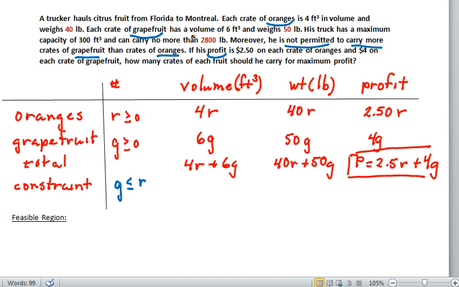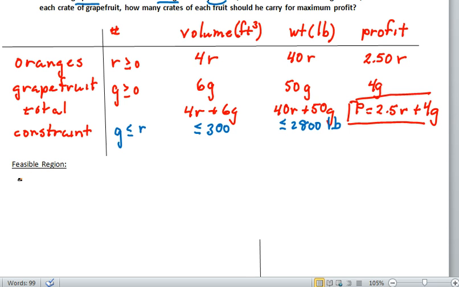So G must be less than or equal to R. Also, the capacity of the truck limits the volume to 300 cubic feet and the weight to 2,800 pounds. And so the feasible region is R greater than or equal to 0, G greater than or equal to 0, G less than or equal to R.